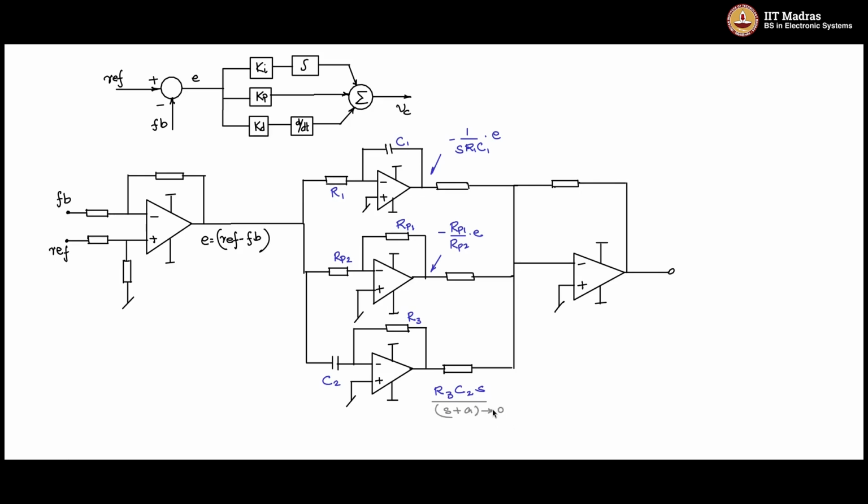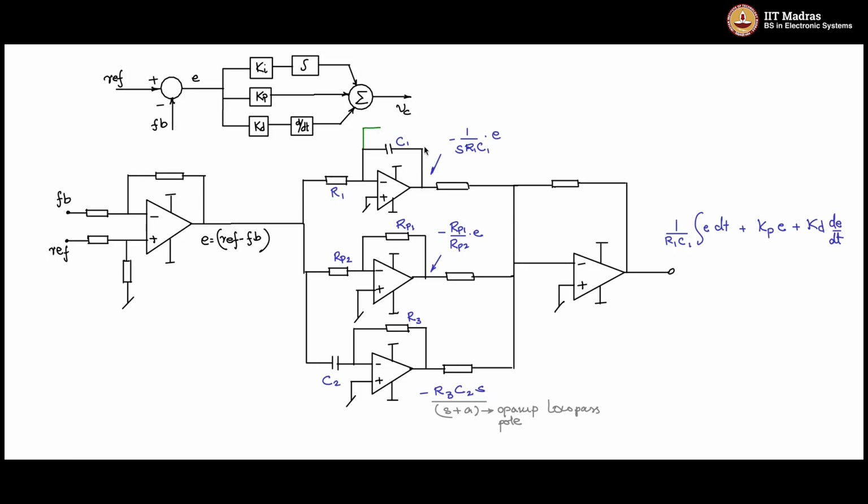You can look into the data sheet for the exact location of the pole, which will give you the op-amp low-pass pole. Now all these three add up to give you the integrator action in this path, the proportional action in this path, and the differential action in this path. So this circuit is a PID controller circuit.